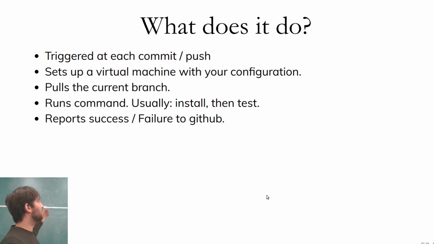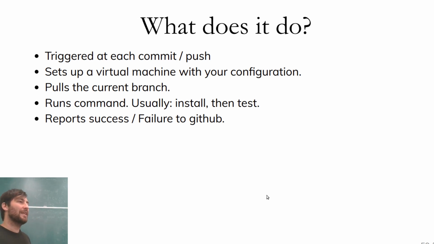Very briefly, how does it work? It's usually triggered at each commit or push. It sets up a virtual machine to your specification, pulls the current branch, and then runs a command. Usually the command is install and then test. Or if you don't have anything to install, if it's just a bunch of Python files, you would just run pytest.